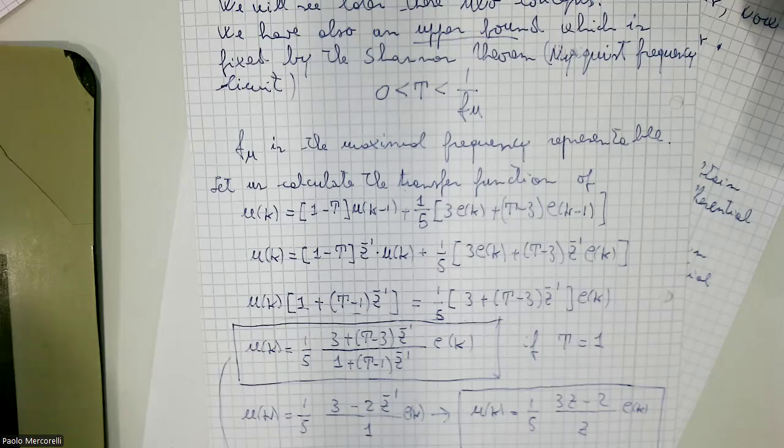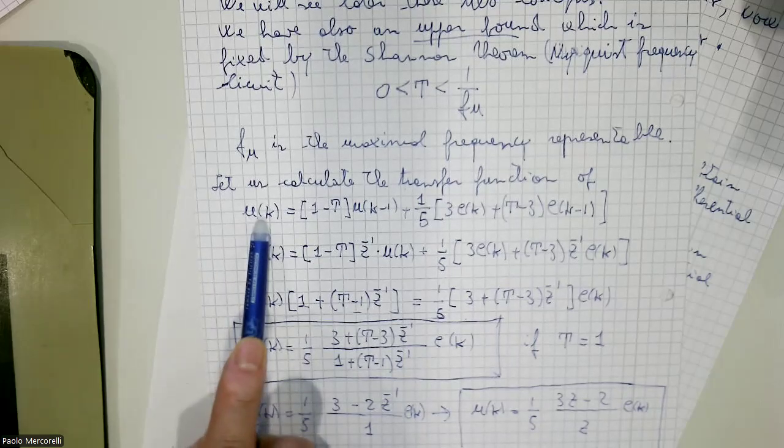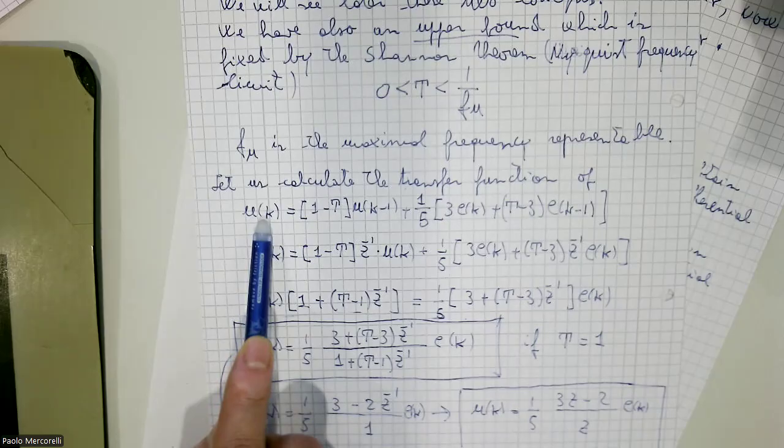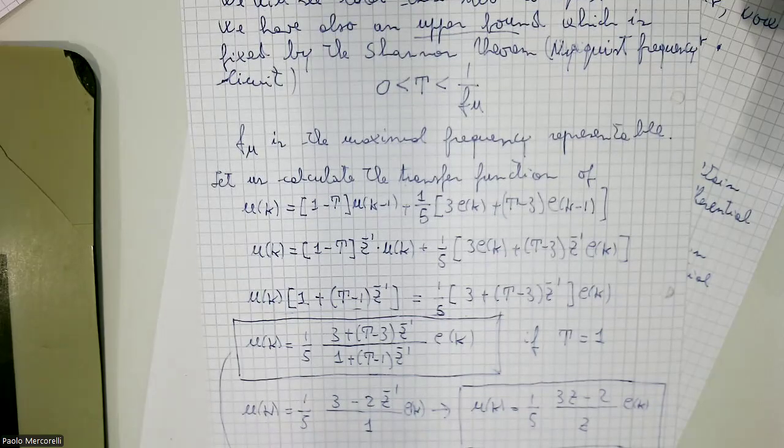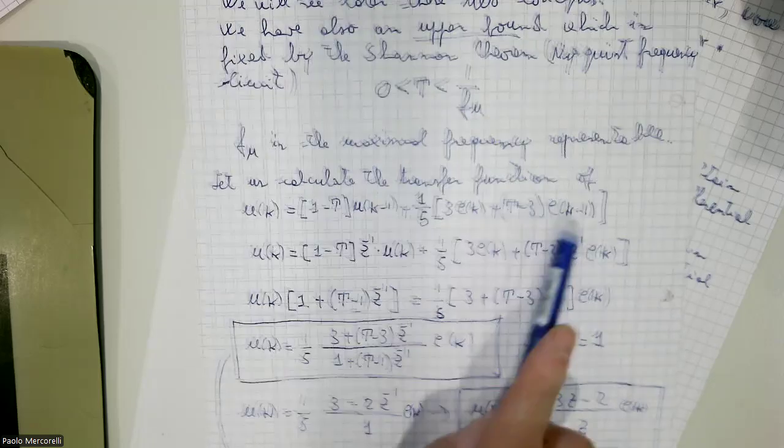It seems that the output, which is U of k, depends on the future input. Please pay attention: E is the input of the controller. This is the present input. This is the past one.